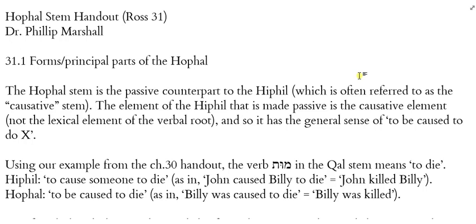And when I would try to reason through, well, what does the Hophal mean? I would try to make the doing part passive, but that's not the part that's made passive by the Hophal. It's the causing part. So Hiphil, I caused him to marry someone. If I made it Hophal, he was caused to marry someone. Right? Someone made him do it.